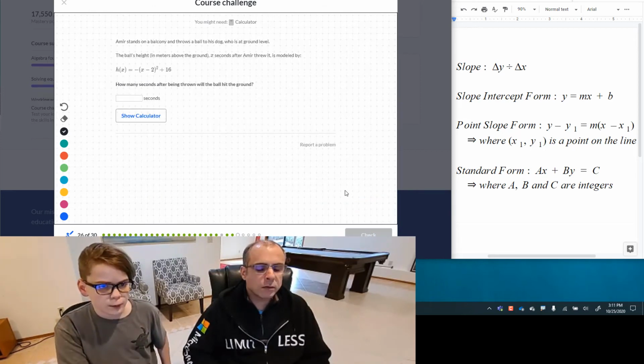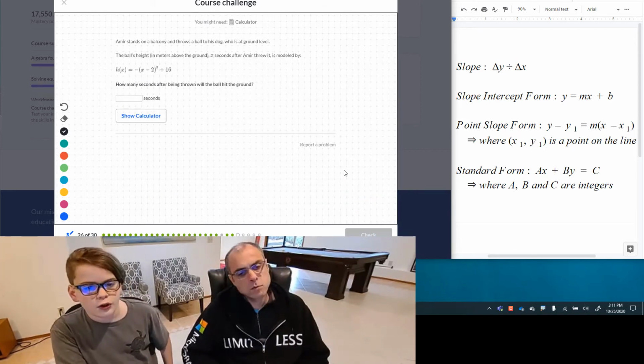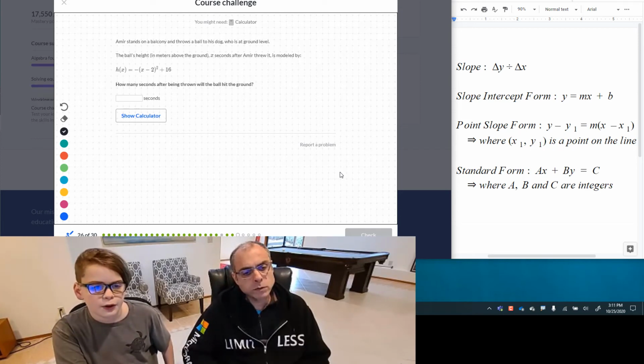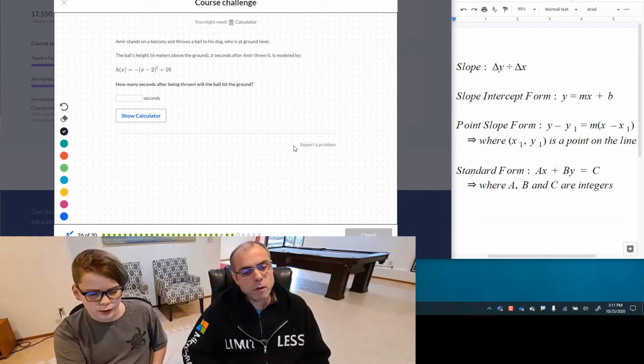Amir stands on a balcony and throws a ball to his dog, who is at ground level. The ball's height in meters above the ground, x seconds after Amir throws it, is modeled by that. How many seconds after being thrown will the ball hit the ground?